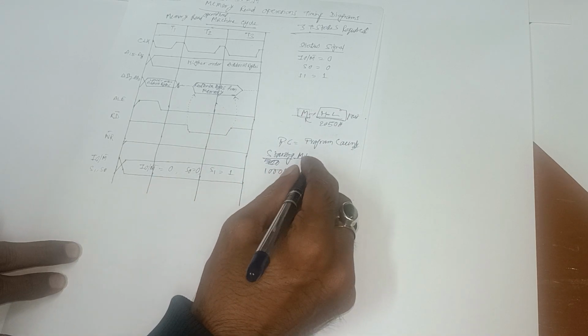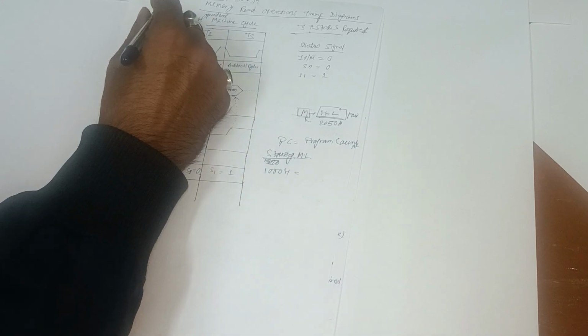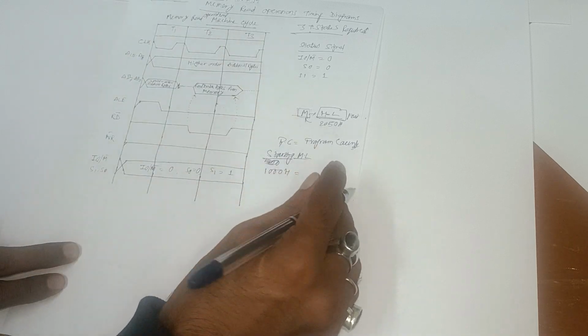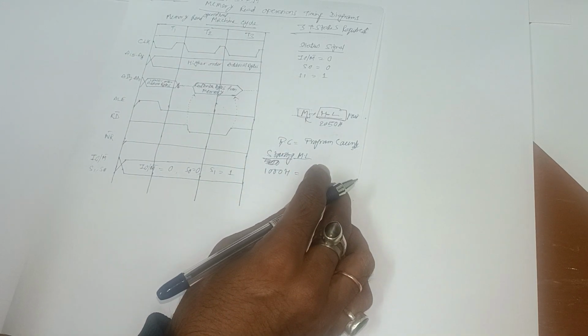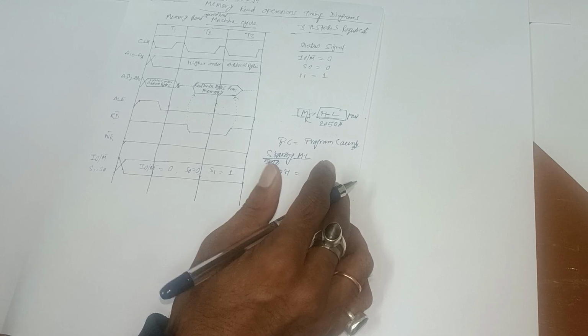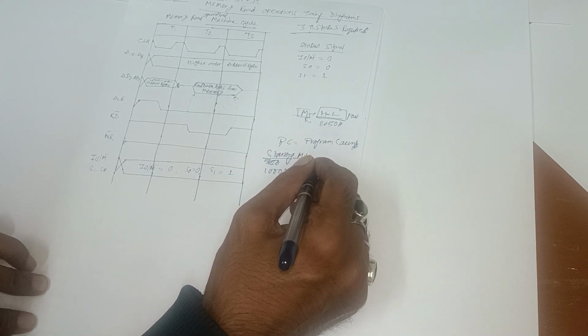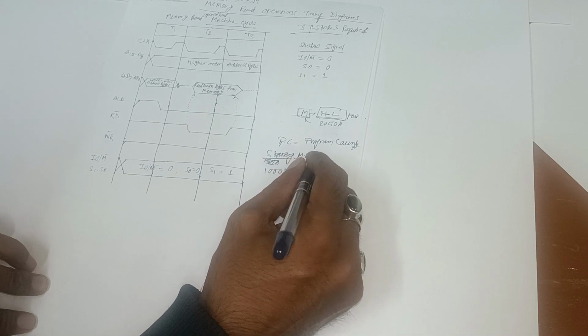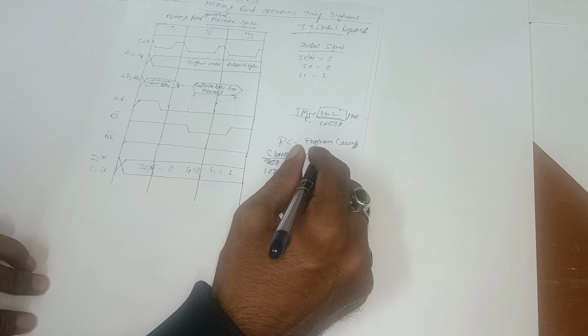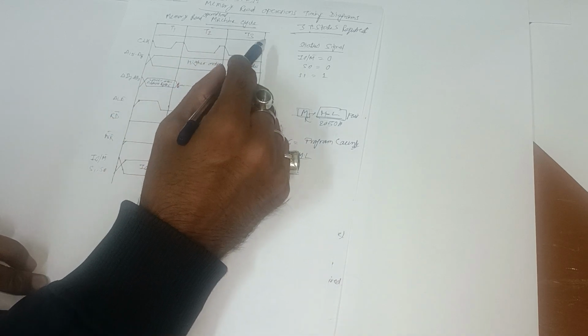So suppose 1008 is the starting memory location. Move a comma m is also a 1 byte instruction. Whenever we do such memory read operations, we have to take the data from the memory. Suppose we take the memory location 1008.